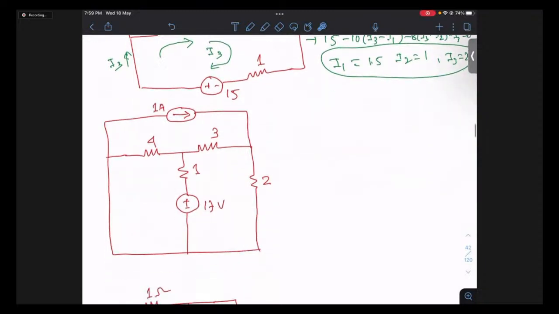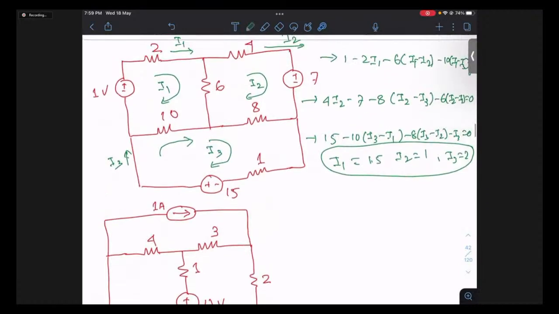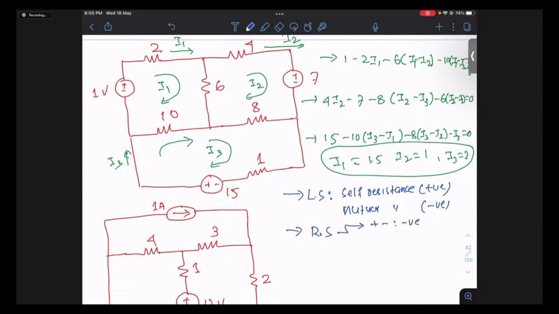The left hand side will contain the self-resistance term, which will always be a positive sign, and the mutual resistance terms, which will all be negative on the left hand side of the equation. The right hand side will contain only the sources. If the source goes from plus to minus, I'll take a negative sign. If the source goes from minus to plus, I'll take it as a positive sign.